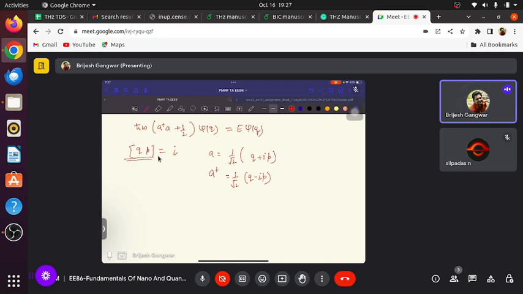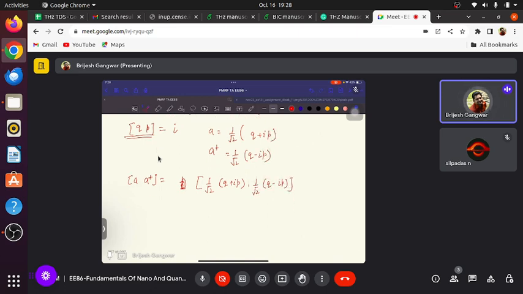Okay, so if you commute this a and a dagger, how can you calculate? So this will be equal to 1 by root 2 (q plus ip) and 1 by root 2 (q minus ip). So from the commutative properties you can take this out and multiply.